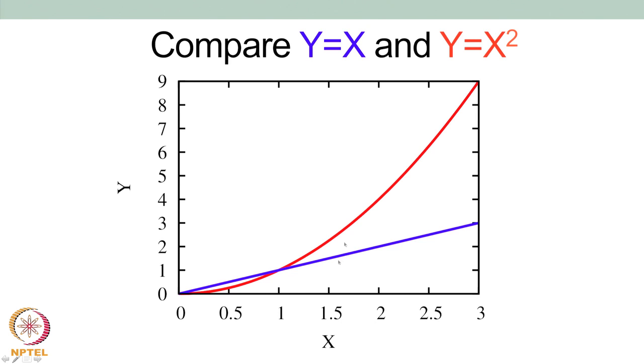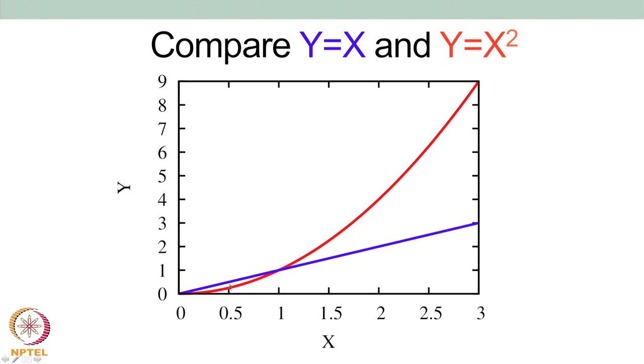But above 1, x square is much larger than x. As x goes to 2, 3, 4 and so on and so forth, x square will have much larger value compared to x. But when x is 0.5, 0.5 square is 0.25, which is smaller than 0.5.